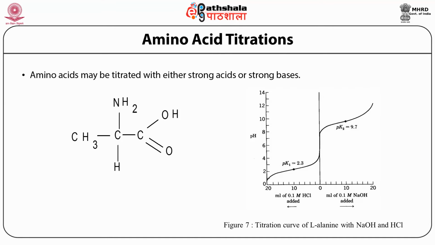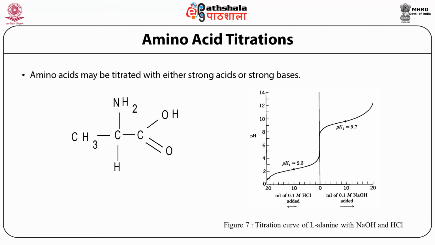Amino acids may be titrated with either strong acids or strong bases because amino acids are weak bases. So for titration, they will require either strong acid or strong base. A structure of an amino acid is given below, where a proton is available from the carboxyl group and protons from the amino group may also be liberated.